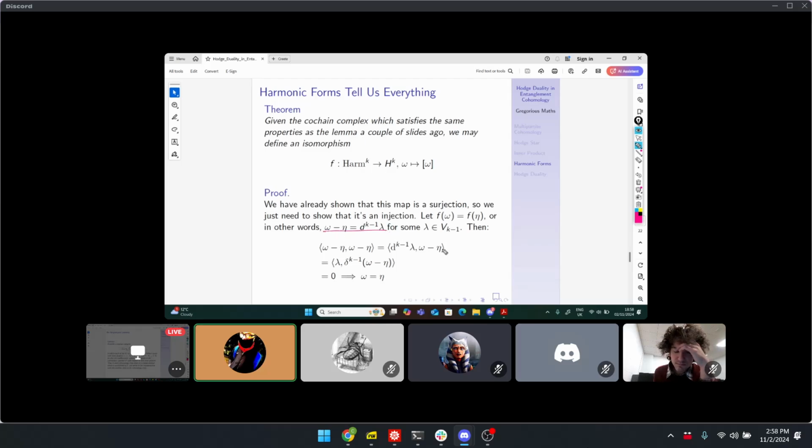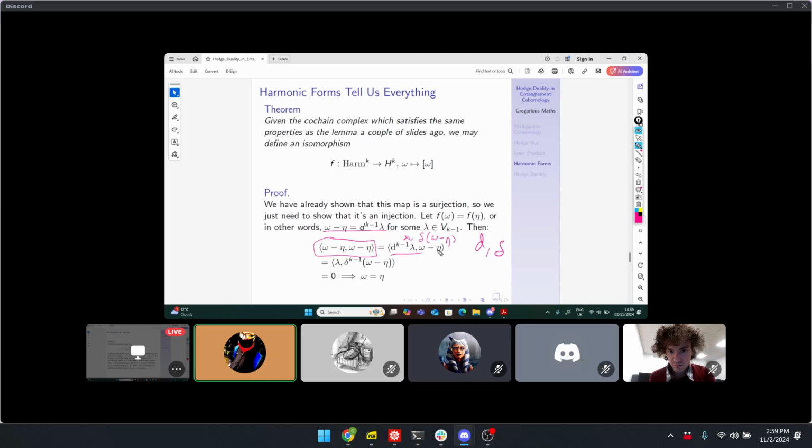So we have this. This is by assumption. Now, what we're going to do is take the inner product of omega minus eta with itself. Because of this property, we can just sub that in. And now remember, d and delta are adjoint. So this is the same thing as the inner product of lambda and delta of omega minus eta.